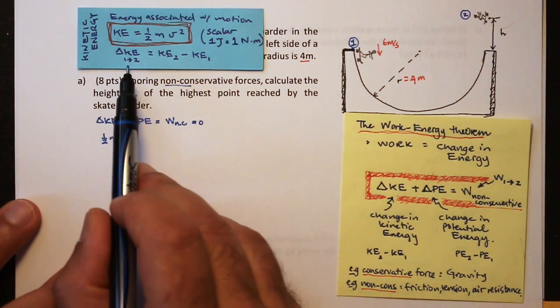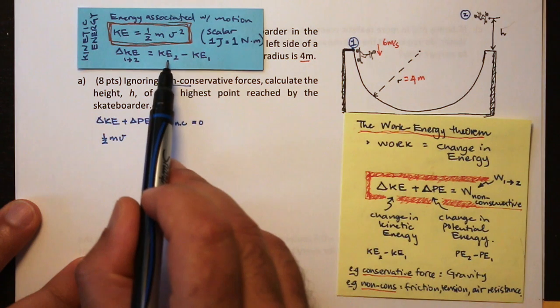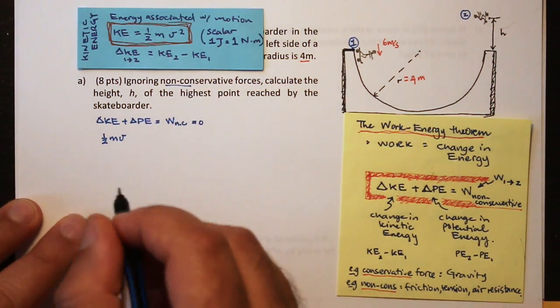And the change in kinetic energy is the kinetic energy of the final situation or position minus the kinetic energy of the initial one.